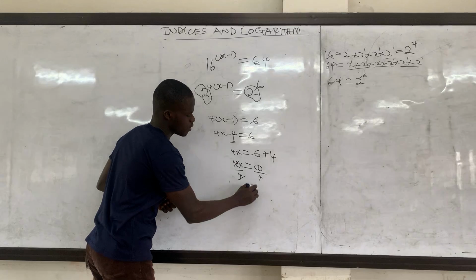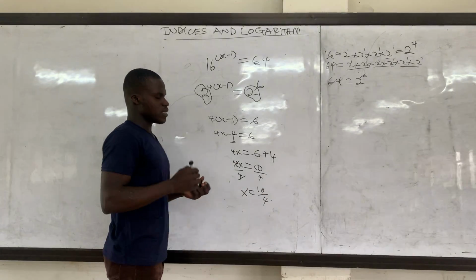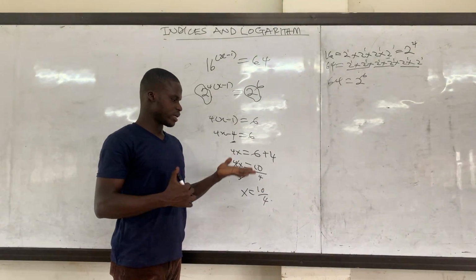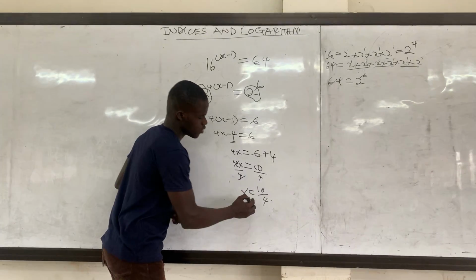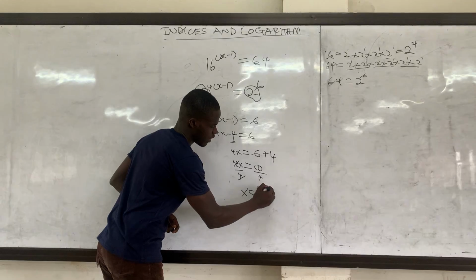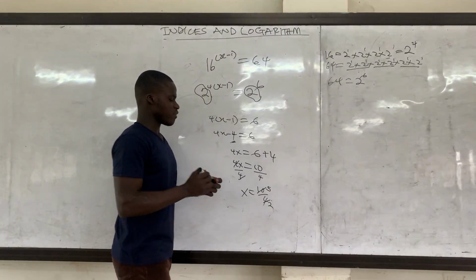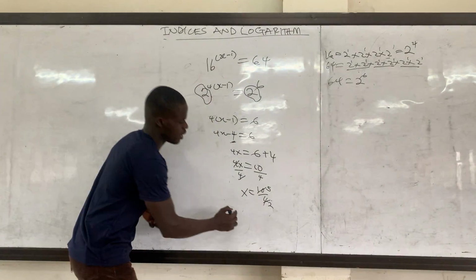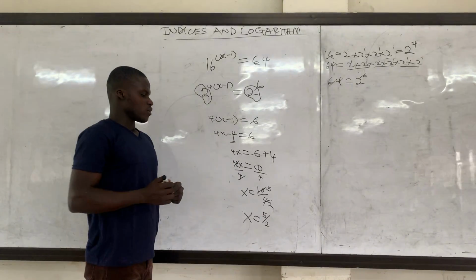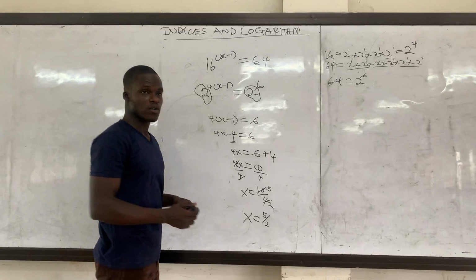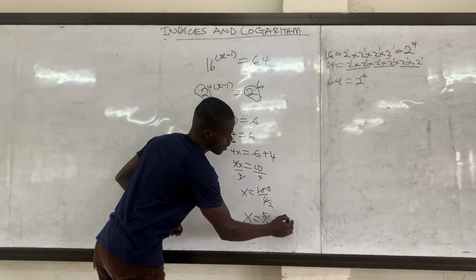So x is going to be equal to 10 over 4. Is there any number that can divide 10 and also divide 4? Yes, 2. So 2 can divide 10 5 times, and can divide 4 2 times. So the answer for x here is 5 over 2. If you want to write 5 over 2 in decimal form, it's 2.5.